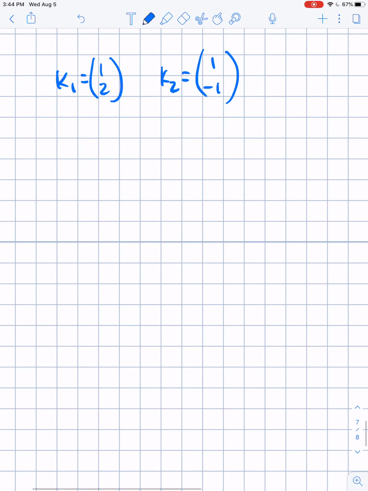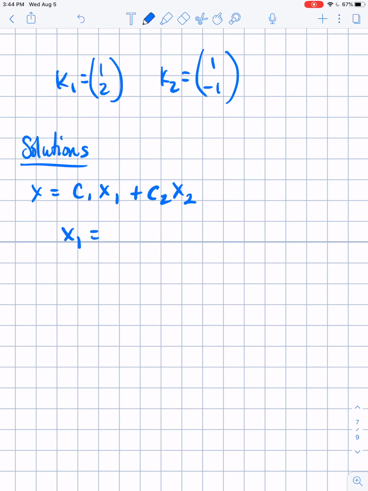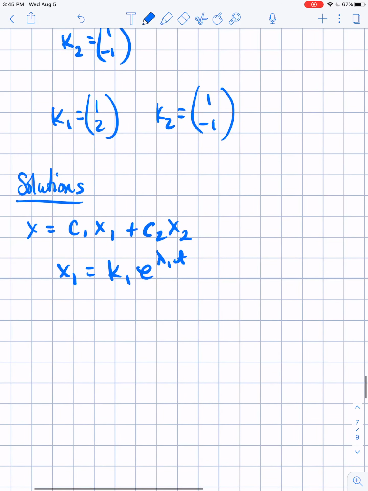All right, once you do all that work, this is very tedious in this sense, our solutions will look like this. X equals C1 X1 plus C2 X2. Just like any other normal thing. X1 is going to equal K sub 1 e to that lambda sub 1 t. So if we go back, remember lambda sub 1 was 5 and lambda sub 2 was negative 1.